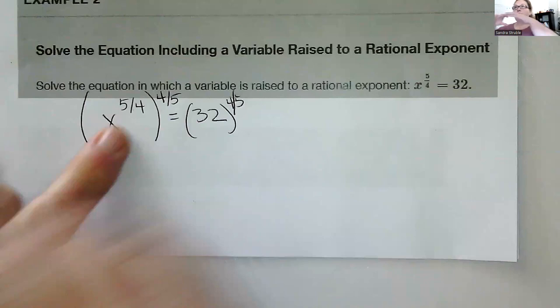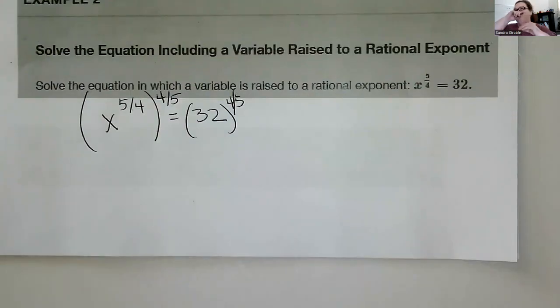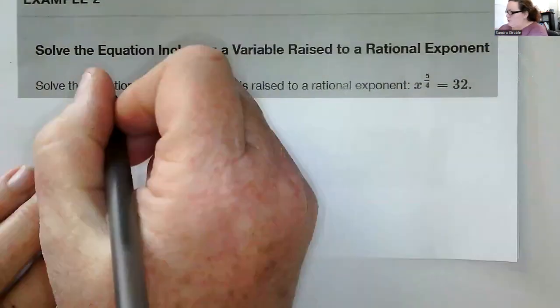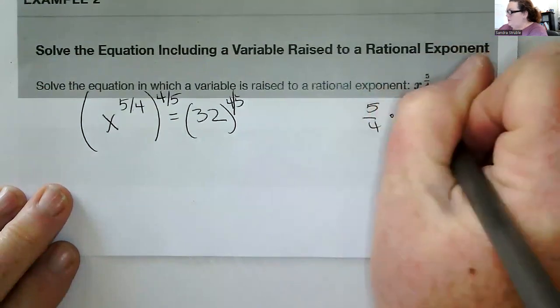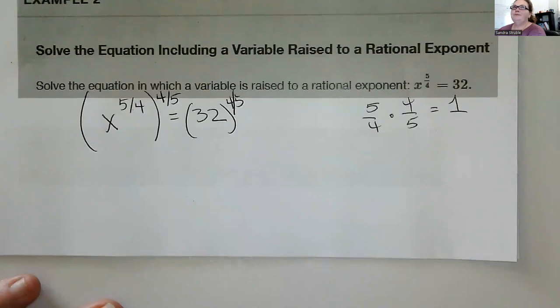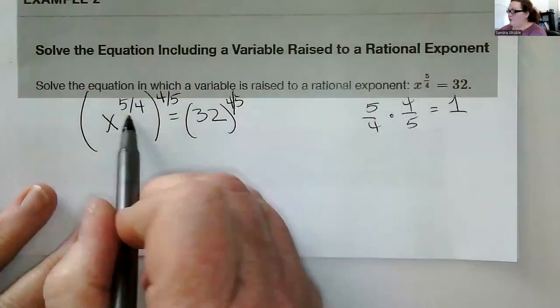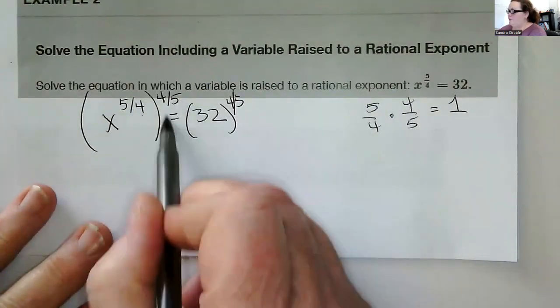When you have a base with an exponent raised to another exponent, those two exponents get multiplied. This was covered back in the prerequisite portion of the book. So if you're multiplying those two exponents, that's just 5/4 times 4/5, which is equal to 1. Okay, that's our goal, is to get rid of this when we're trying to solve for x.